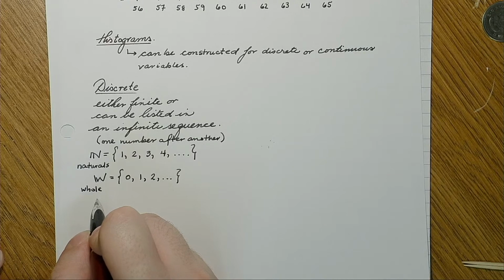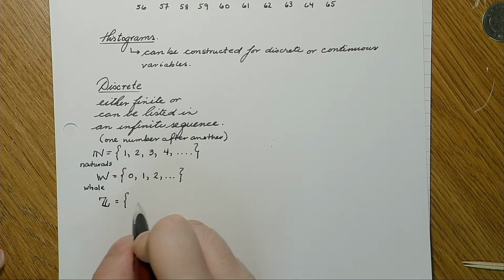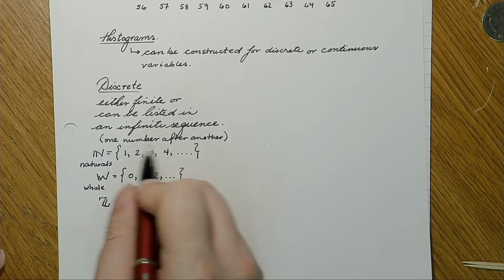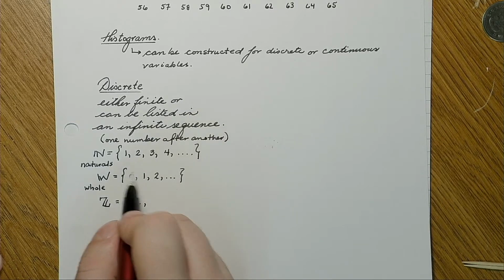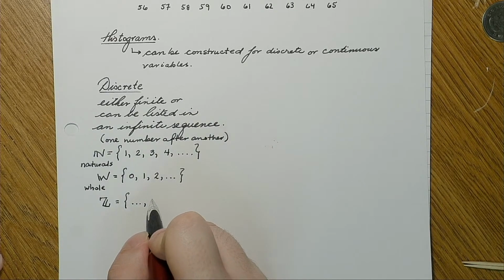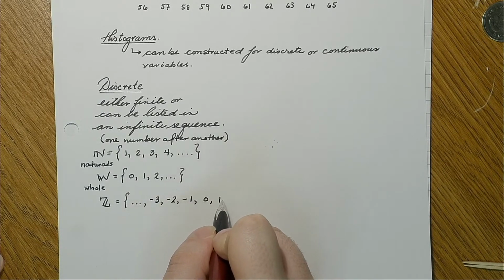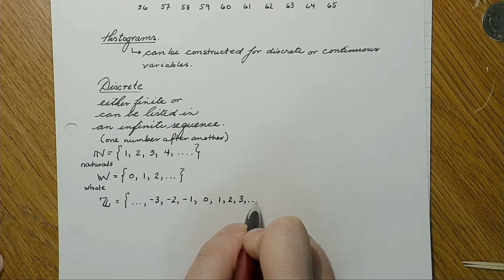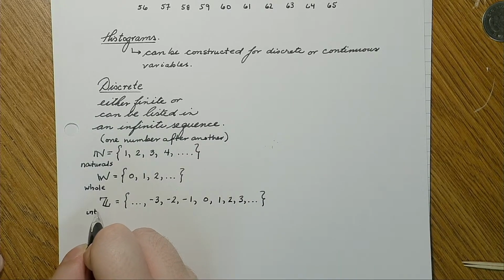We can have integers. And basically those are natural numbers and 0, and also allow them to be negative. So we can have -3, -2. These are what we call the integers.